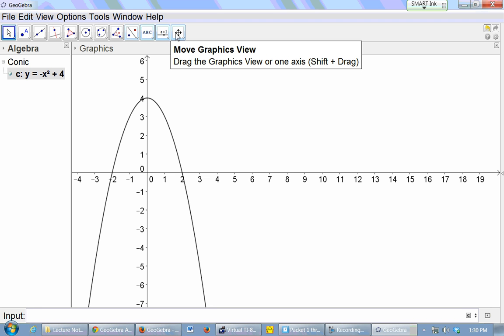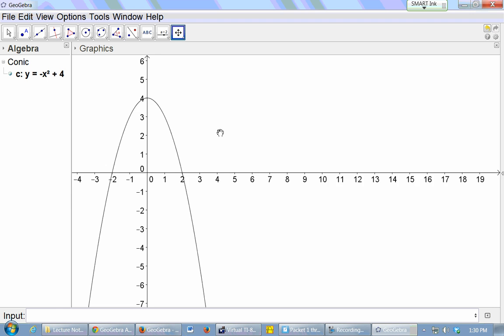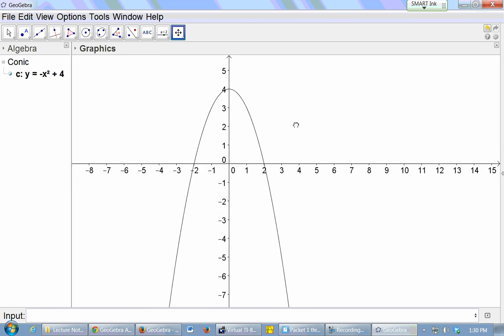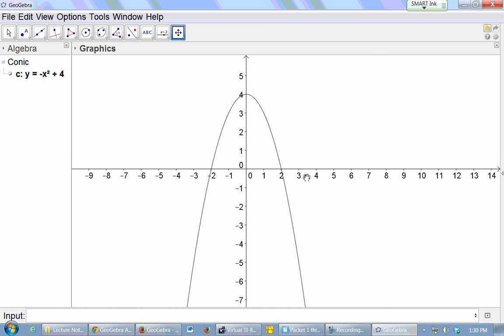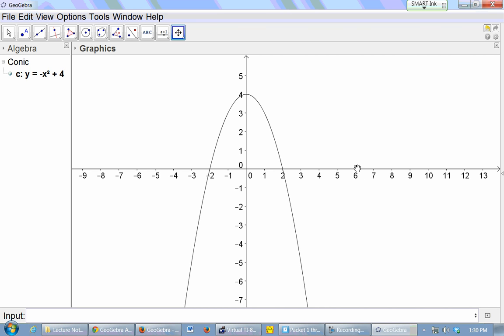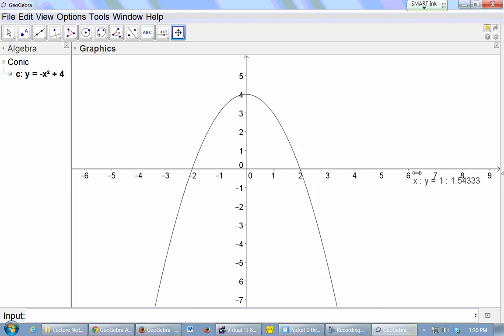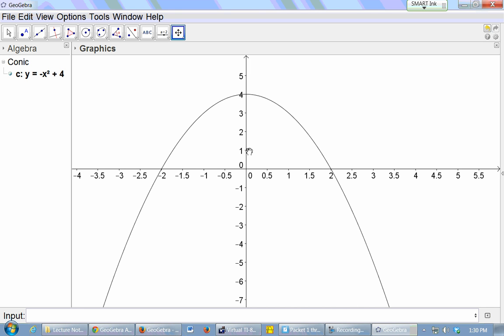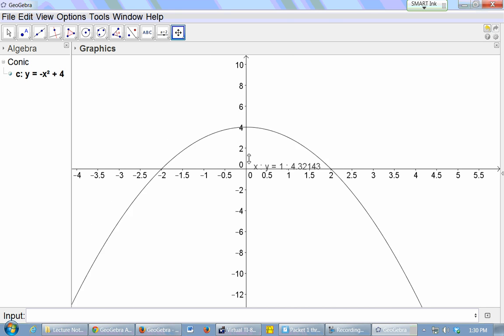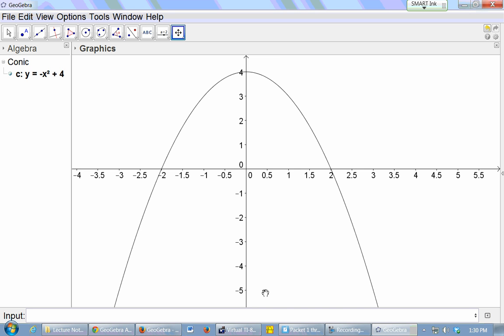Right, so you click this little Move Graphics View button, the far right, and then you can drag this thing around. And if you want to change the scale, move the cursor above the axis, and you just click. When you get the double arrow, you can click and just drag it. Play around with that for a minute.